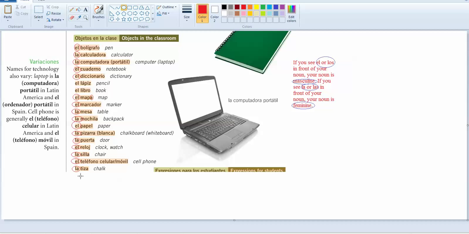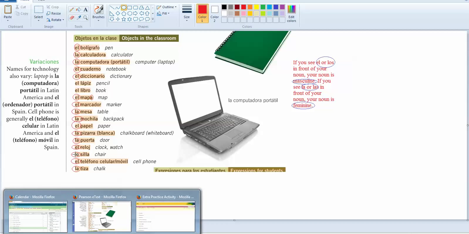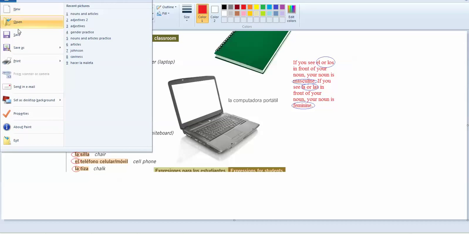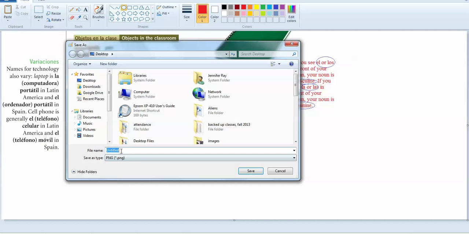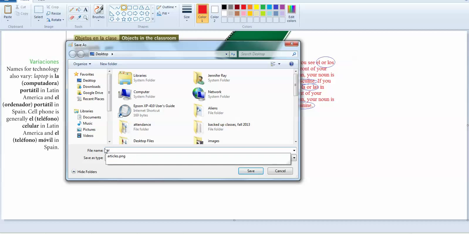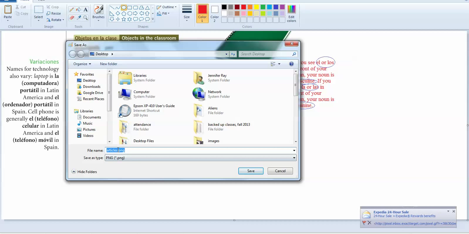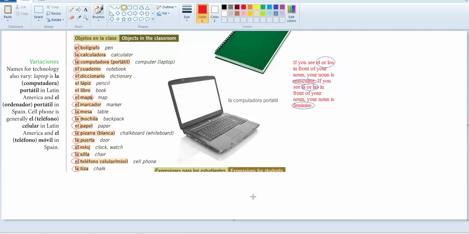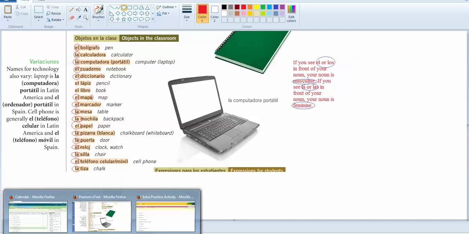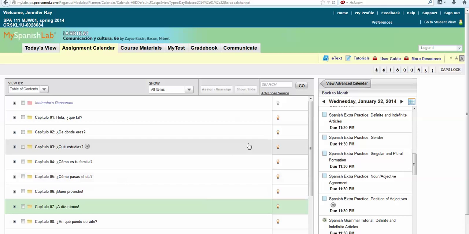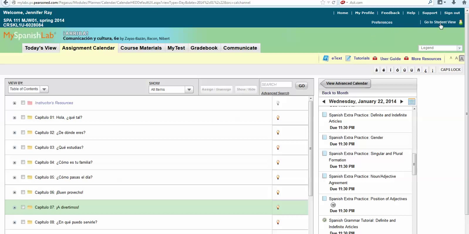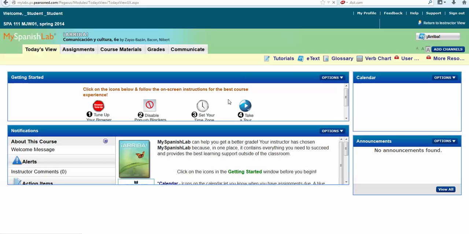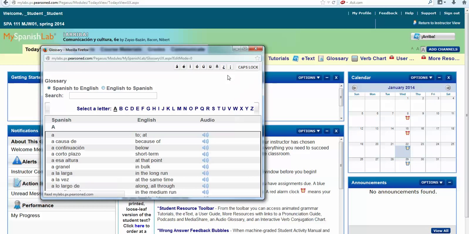And if you look in your glossary, let me save this really quickly. Okay, so another way, let's say you're wanting to know whether a word is masculine or feminine, and it's not a word that's in your chapter, you guys have a glossary, so you could look up a word.